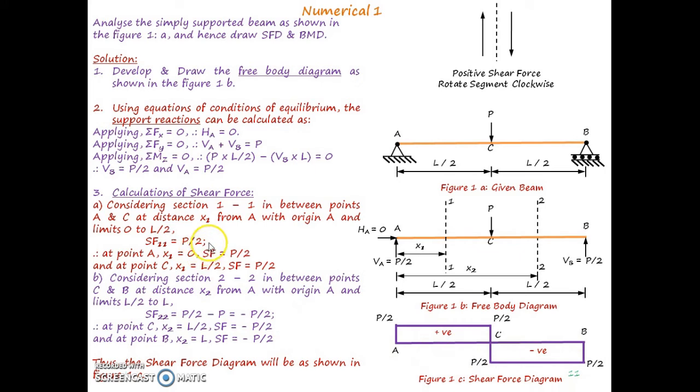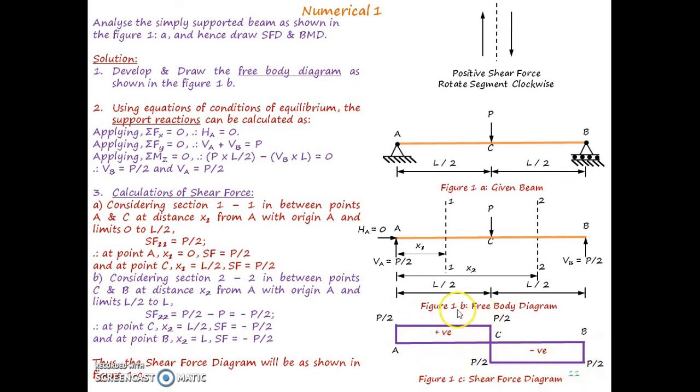Now, there is no x term in both the SF11 equation as well as the SF22 equation. Or else, the power of x over here is 0. So it is a horizontal straight line in between A to C as well as from C to B.